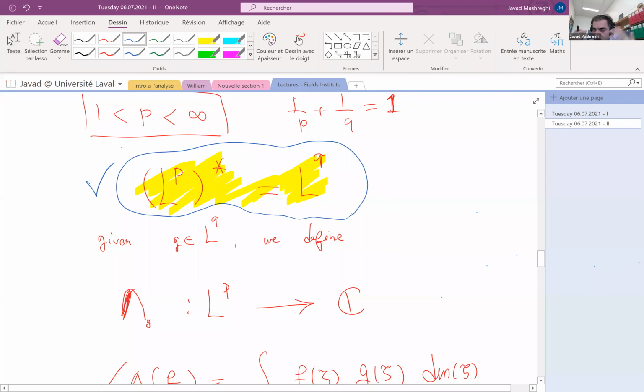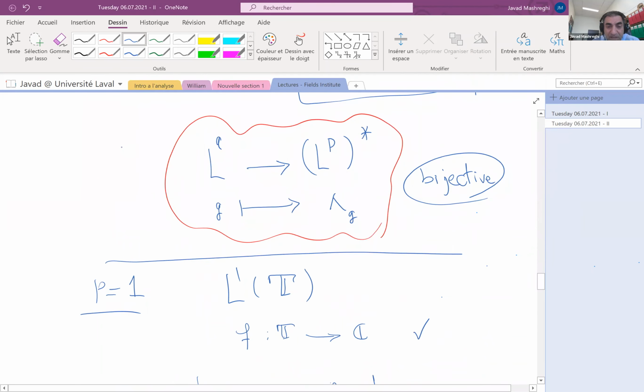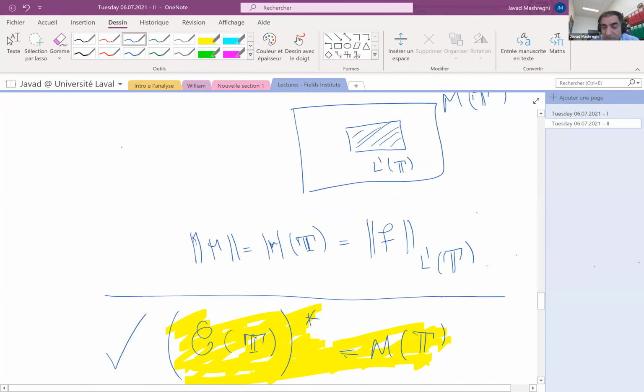If this works, we have liberty to use the application we are looking for. So this is a kind of summarization of the functional spaces that we need. Then I will use this tomorrow to study in further detail the representation theorems.